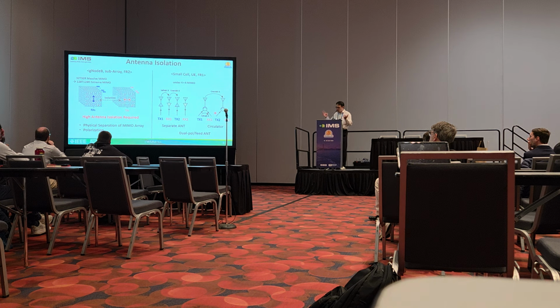So in my research, we are interested in antenna propagation domain isolation and RF circuit interference cancellation. For the antenna isolation, the left side is for the gNodeB base station case, and the right side is maybe the small cell or UE cases.